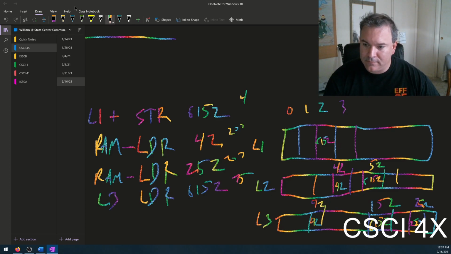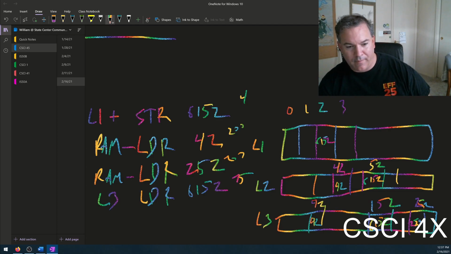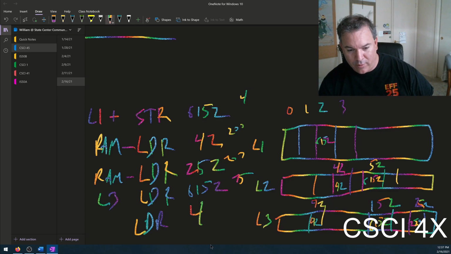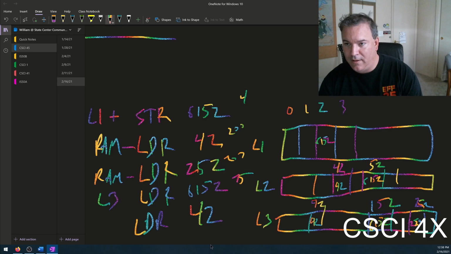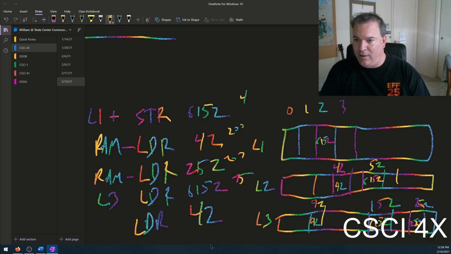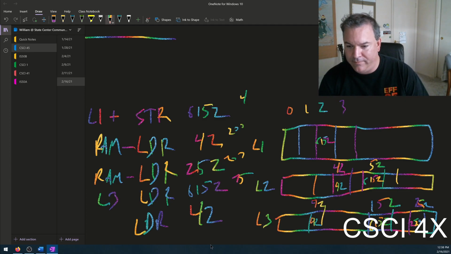Okay. So let's do one more. Load 42. So if I do a load 42, is that an L1 hit, L2 hit, L3 hit? Which one?